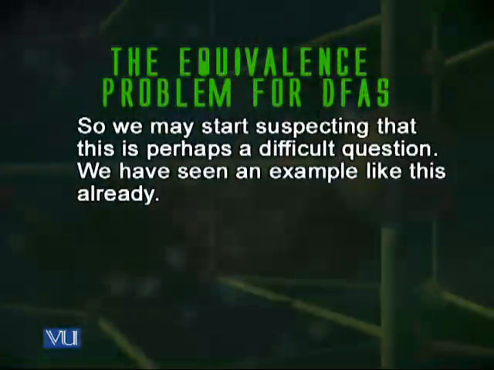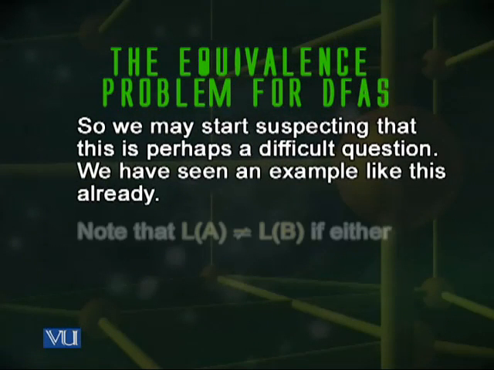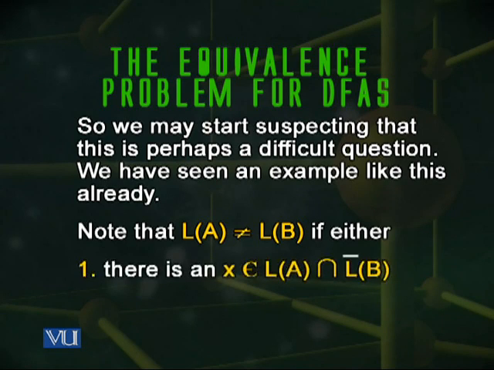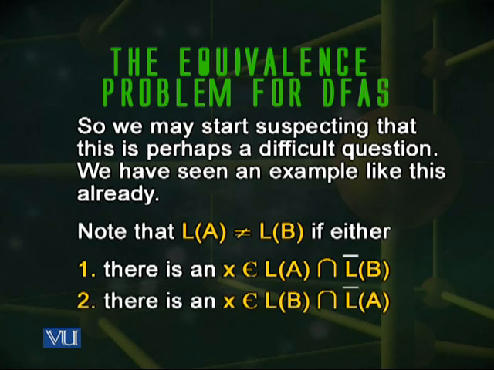Let's look at it. We may start by suspecting that this is perhaps a difficult question, but that's not quite true. Suppose that the language of A is not equal to the language of B. Then there is either a string X in the language of A intersect the complement of the language of B, or there's a string X which is in the language of B intersect the complement of the language of A. This is very simple.